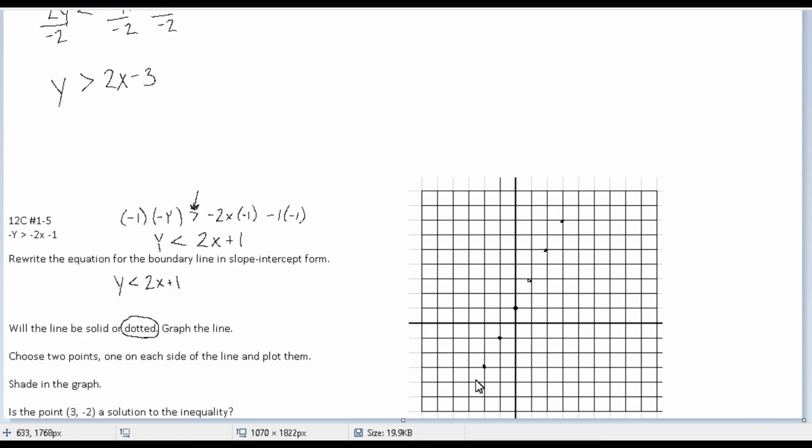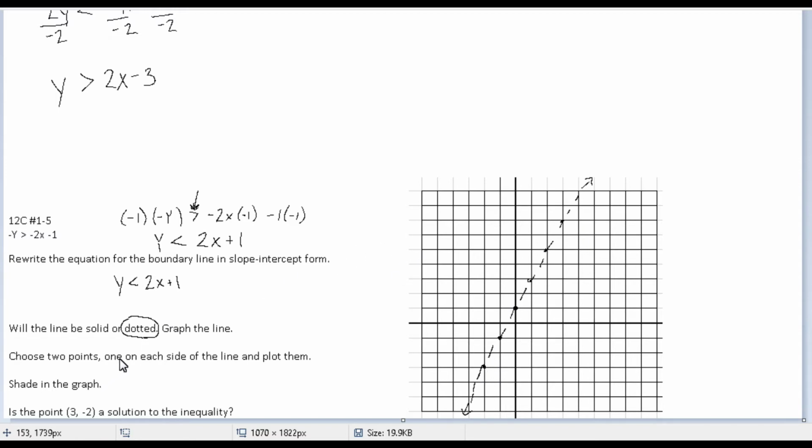Alright, we're going to draw a line through there. And remember, I want it dotted because a point on the line would not fit this equation. Alright, my line's not great straight, but this will work.